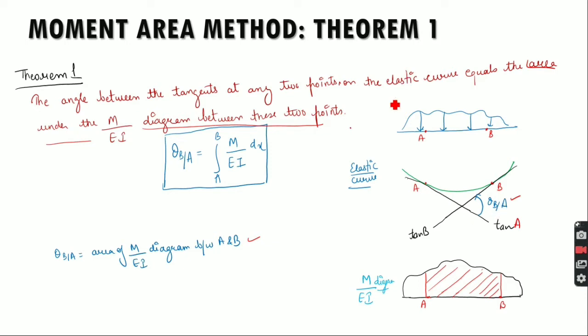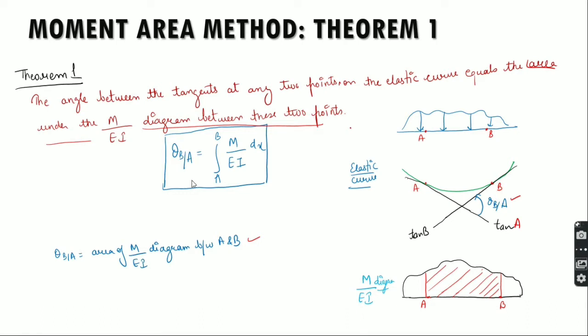Again I will repeat: in this theorem, the angle between tangents at 2 points on the elastic curve is equal to the area of the M by EI diagram between those 2 points specifically. So here we will not take the area of the whole bending moment diagram. We will take only the M by EI area between these 2 points A and B.